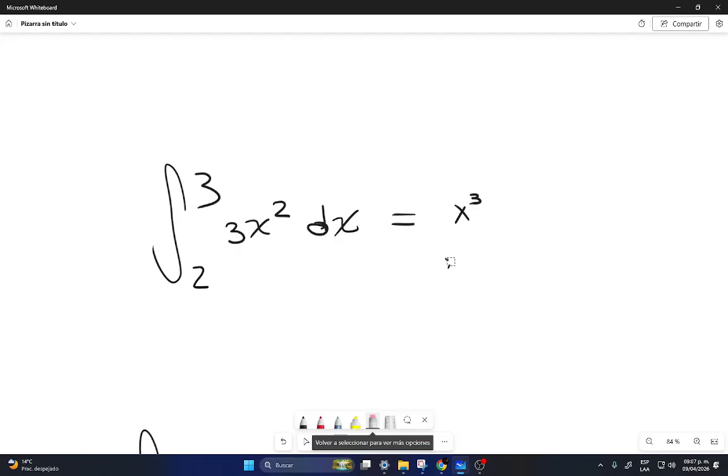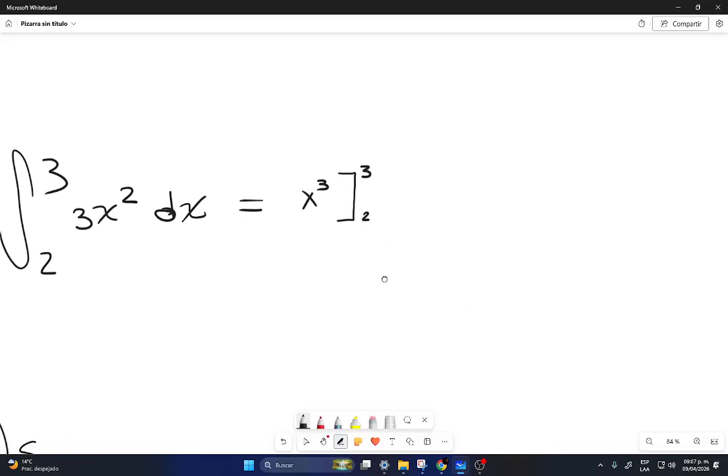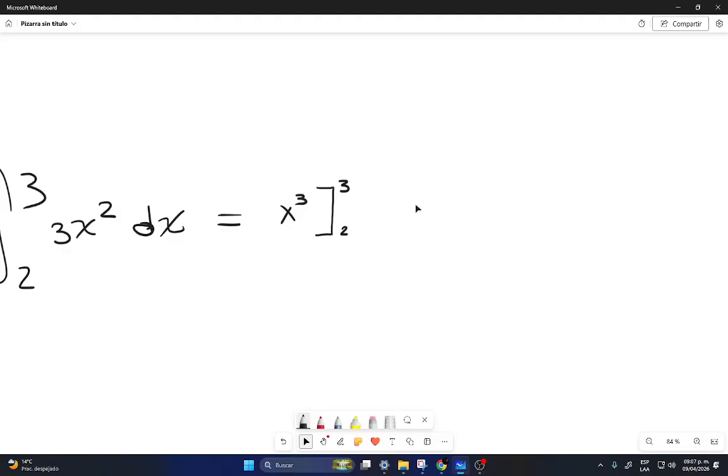Okay, but look at the notation here. Since we want it between 2 and 3, we are going to use this square bracket with 2 and with 3, because we already integrated, and we are going to evaluate this new expression in 2 and in 3.